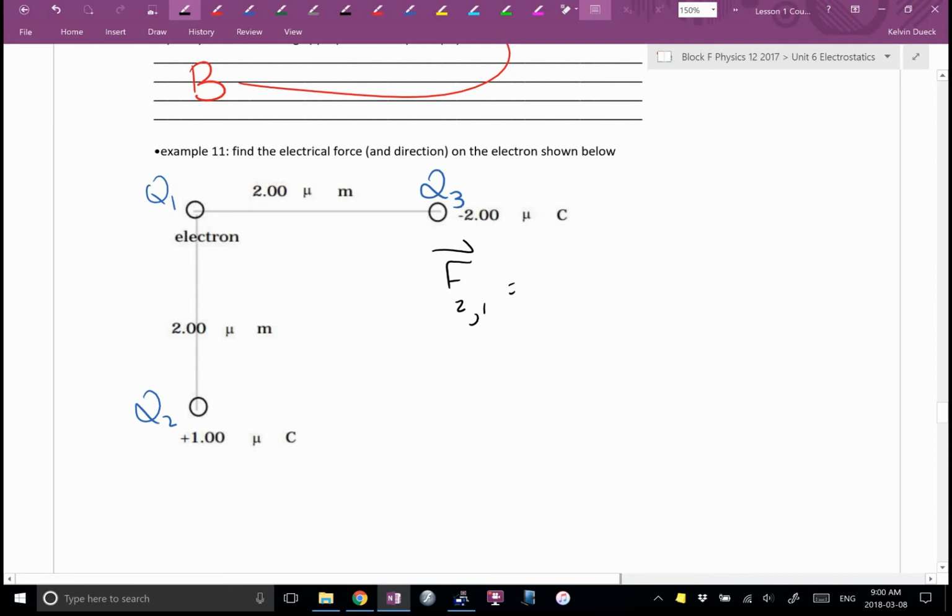Do you already have the equation somewhere on this page? Have we written somewhere on this page K, Q1, Q2 over r squared? Okay, Sarah, what's K? Charge 1, 1 microcoulomb. That's going to be 1 times 10 to the negative 6. Oh, sorry, that's not charge 1. Ira, it's an electron.